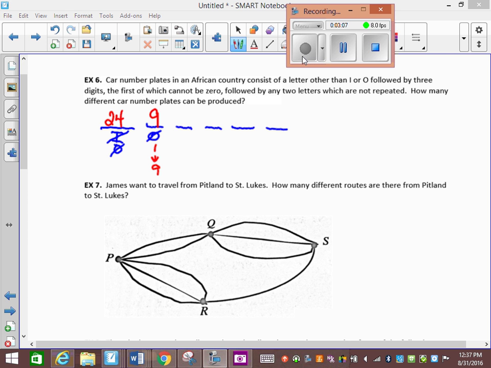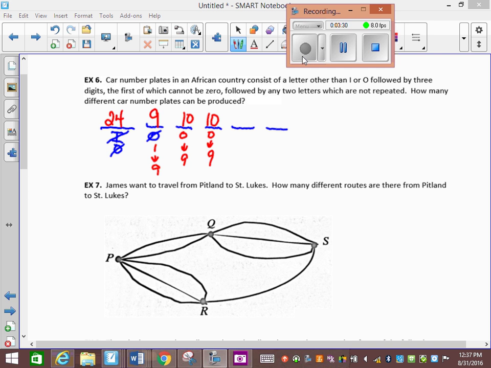How many options do I have? It doesn't seem that they can't be repeated. 10, because we have 0 to 9. 10, 10. Then it says followed by 2 letters which are not repeated.